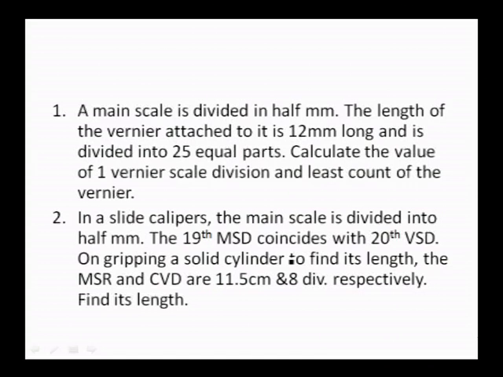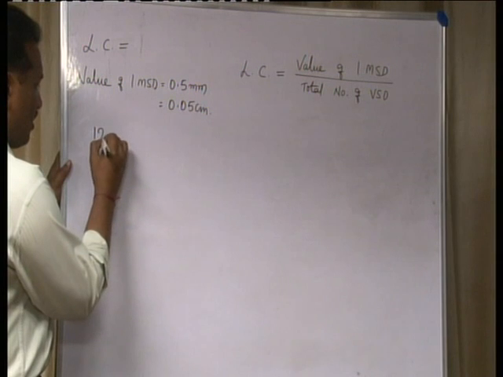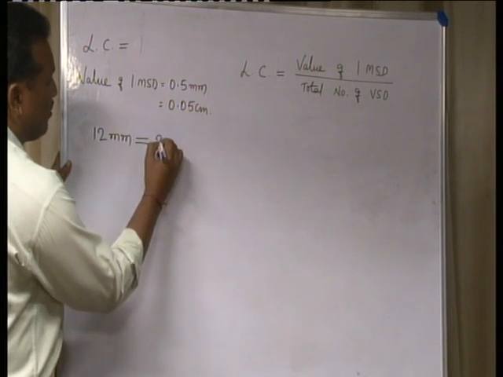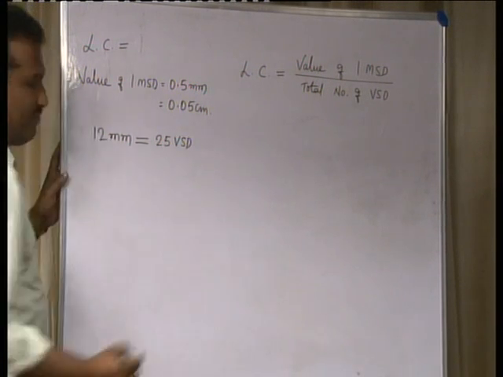The length of the given vernier scale is 12 millimeter. In that 12 millimeter length, 25 equal divisions are marked following the principle of vernier. That is, 12 mm length is equivalent to 25 vernier scale divisions.